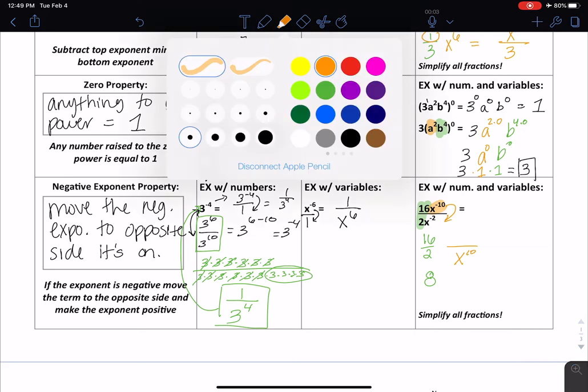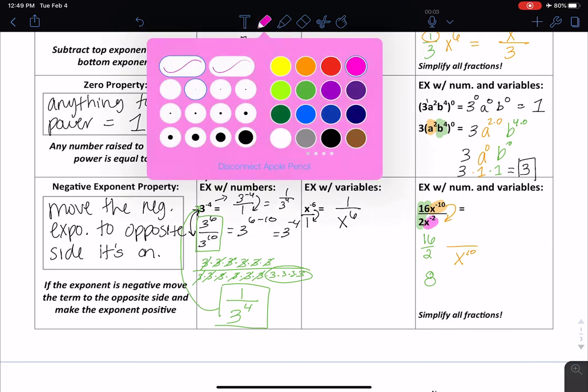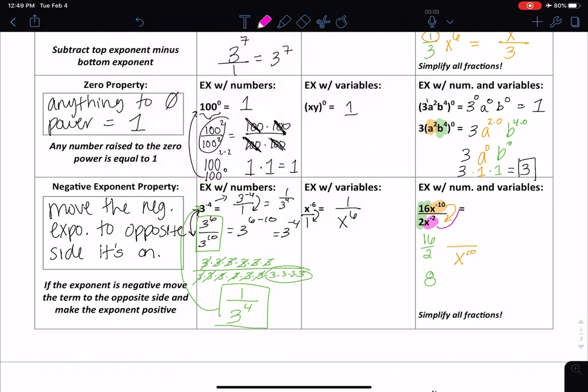And now the x squared, I don't want it negative, so I move it to the top. So now it's on top. And now my final answer, we can't forget about the 8. Since 8 is not a fraction, I can write it on top with the x squared. So my final answer would be 8x squared over x to the 10th.